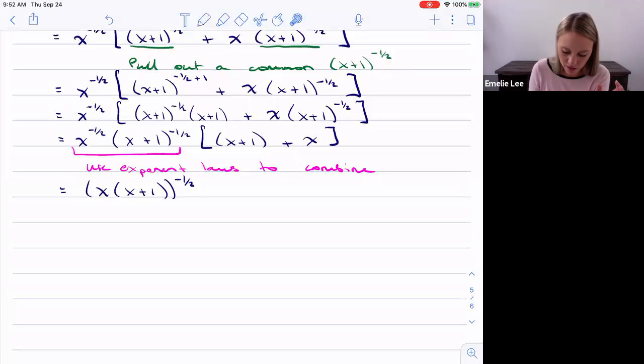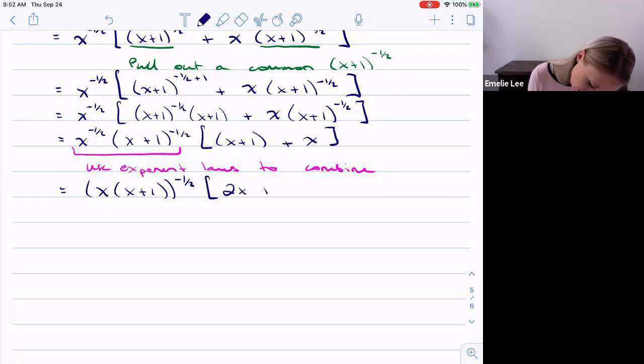As long as you treat x plus 1 as one thing, you're allowed to do that. But then we've also got x plus 1 plus x, which I can rewrite as 2x plus 1, just to simplify things a little bit.